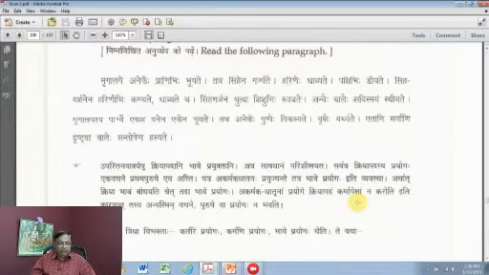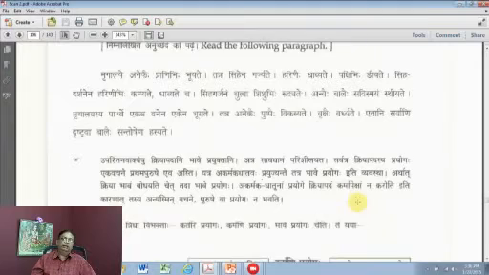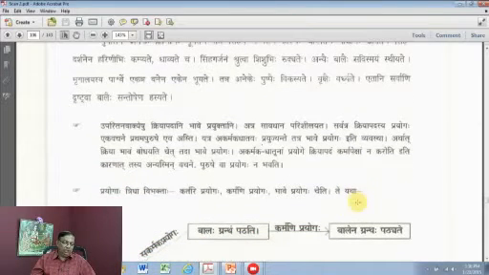Na karoti iti karanat. This is the reason that an intransitive verb does not require an object. Therefore, it can be converted into bhave prayoga. Tasya anyasmin vachane purushe eva prayoga navat. And that is the reason why it cannot be used in anyasmin vachana, another number and another person, it can't be used except the third person and singular number.